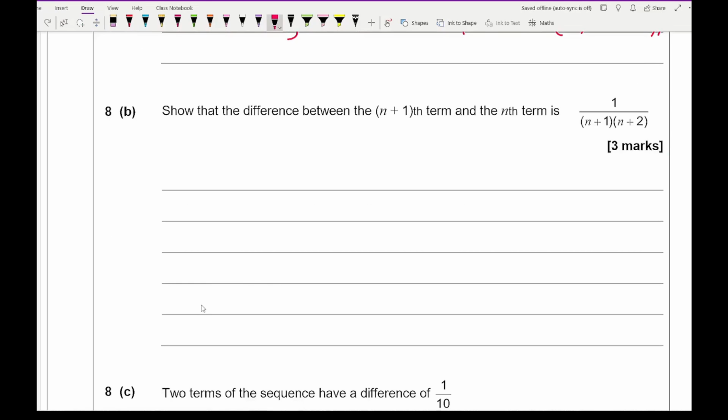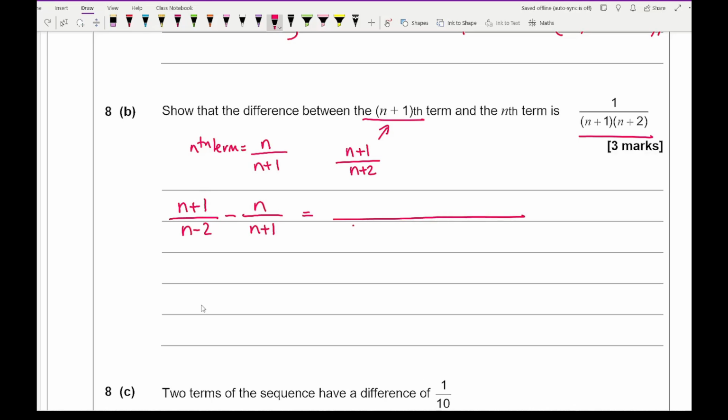nth term is this. Well, we know that this is n plus 1 over n plus 2. This is the next term, so the nth term is n over n plus 1. So then all we need to do is just take these two things away from each other. Now what we want to do is have a common denominator. So our common denominator is going to be n plus 1, n plus 2.